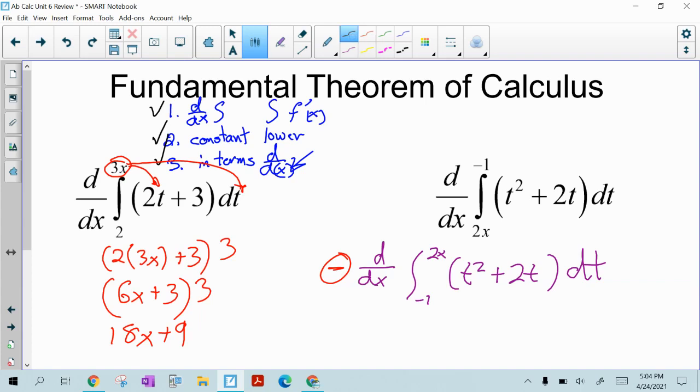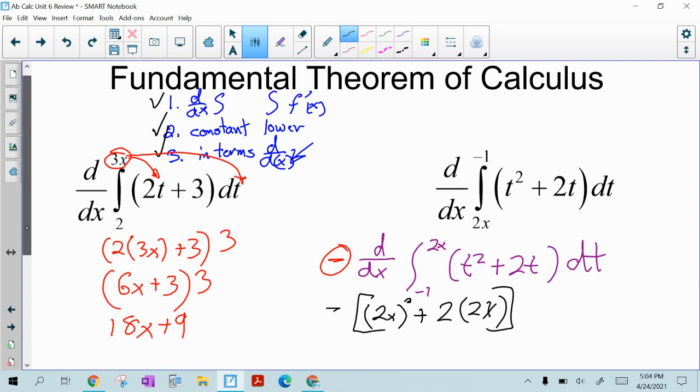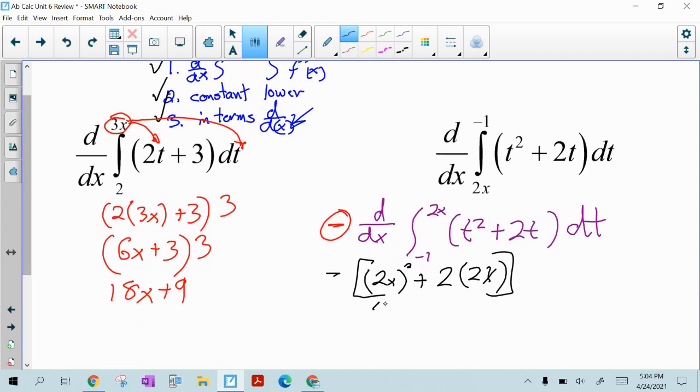We've got the lower bound, and I can sub in my value for x. So I'm now looking at (2x) squared plus 2 times 2x, but the whole thing must be with a negative. Okay, so I'm now looking at 4x squared plus 4x, and I now need to distribute that negative there.